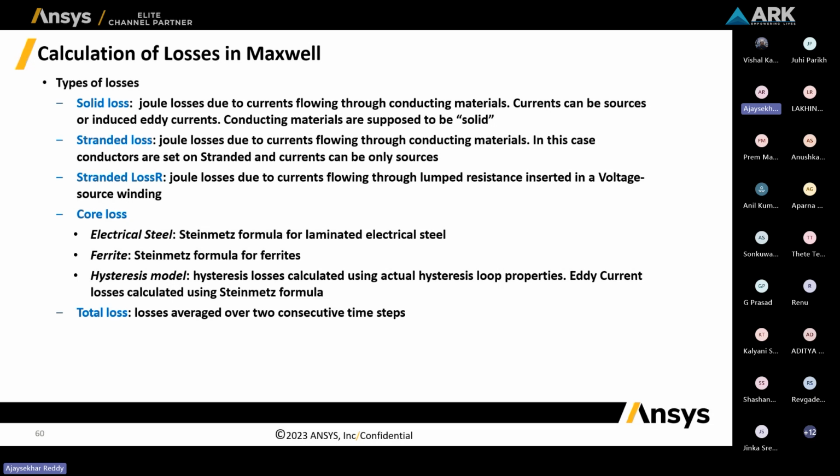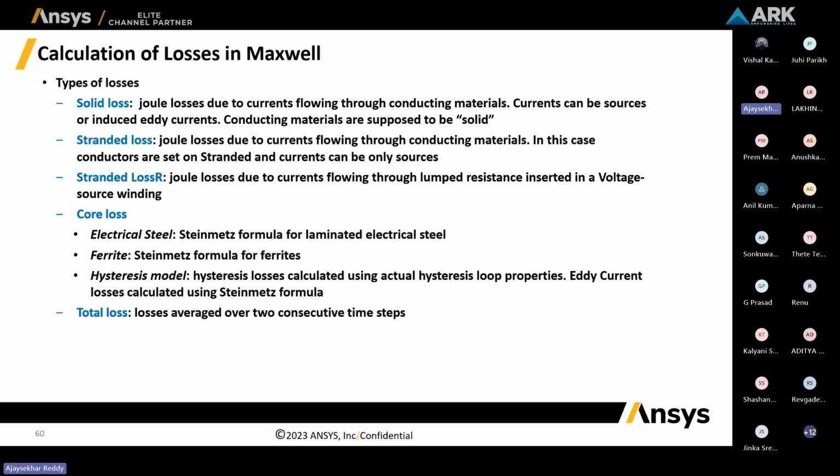But the way it is calculated in Maxwell is based on the integration of current density over a volume or over a surface. If you are in a 3D geometry, you'll be working with volume mode, and if you are in 2D, you will be working with surface mode. This is the way you will be calculating solid and stranded loss.